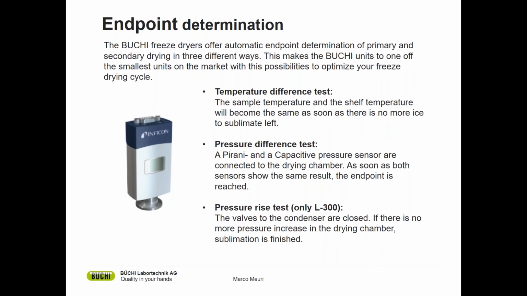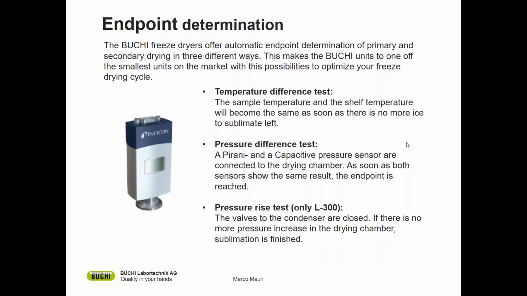More precise is, for example, the pressure difference test. In the pressure difference test, we are using two different pressure sensors that are connected to the drying chamber, where the samples are located. We use a Pirani sensor and a capacitive sensor.